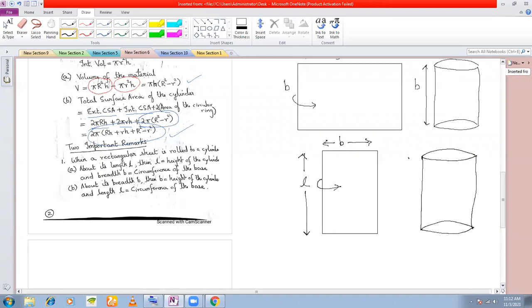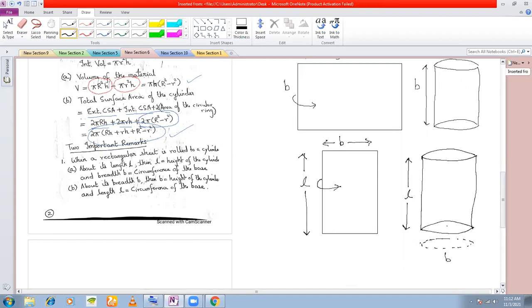Then my height now will become the length, right? And what should be my breadth? Circumference. Circumference of the base. This will become my breadth.